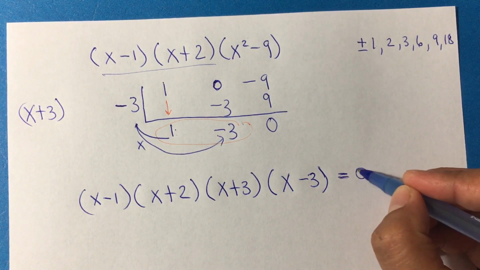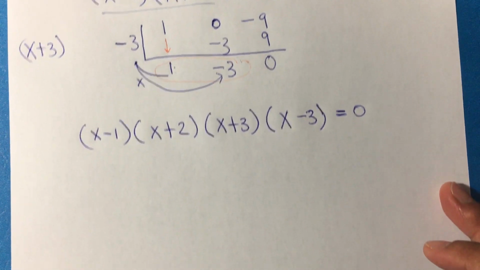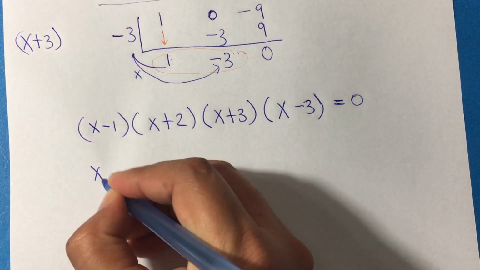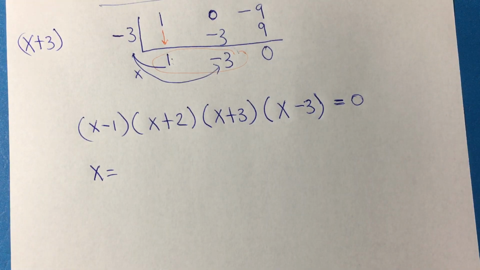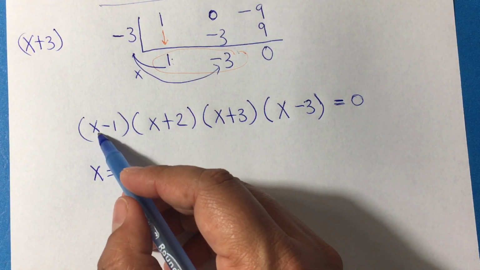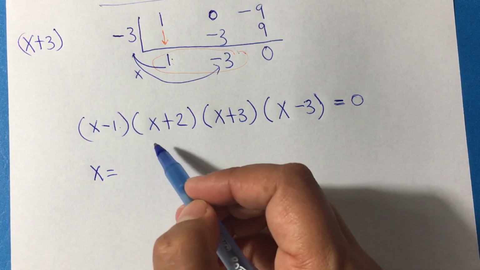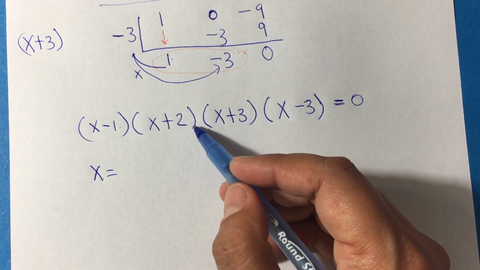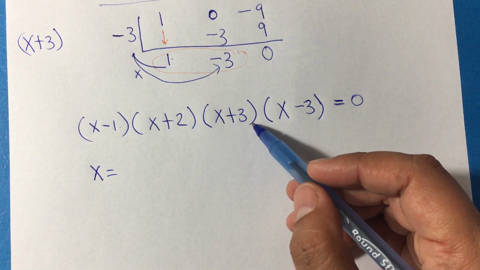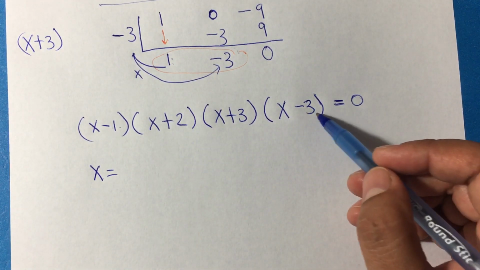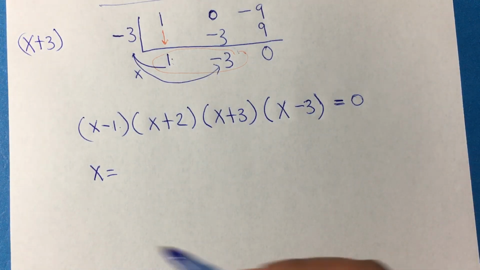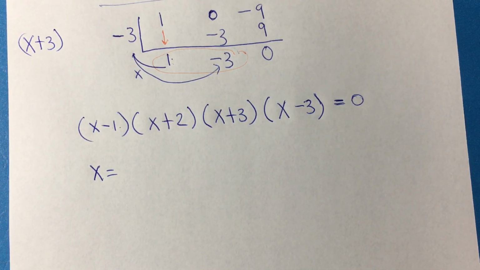Okay, we're finding the zeros to be able to graph. And so to find the zeros, all you have to do is solve for x. If you want to do the process, you just put x minus 1 equals 0, x plus 2 equals 0, x plus 3 equals 0, x minus 3 equals 0, and start solving, leaving x by itself.